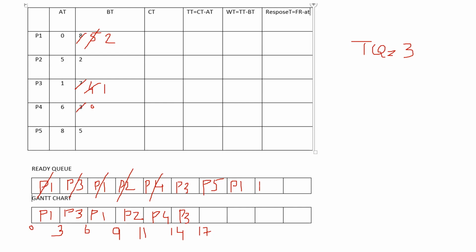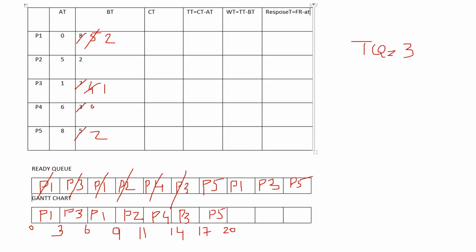So I have to write P3 here. Next is P5. I will write P5 here. How much time is there for P5? 5 is there. 5 minus 3 is 2. So what do I write here? 17 plus 3, it is 20. But it still has 2 more units to complete. So I am telling P5, please wait here.